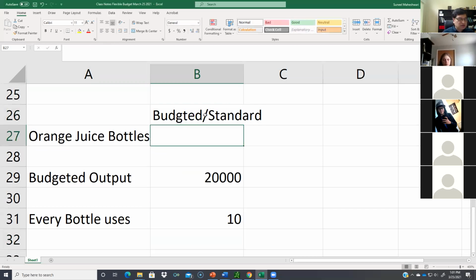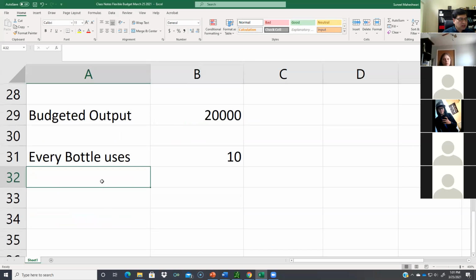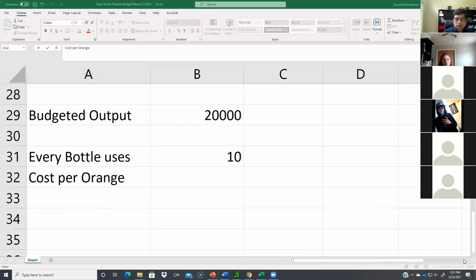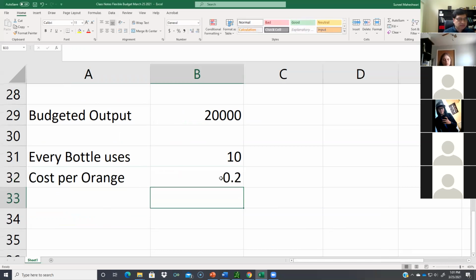The standard is basically for every bottle of orange juice, you use 10 oranges. The cost per orange is say 20 cents.